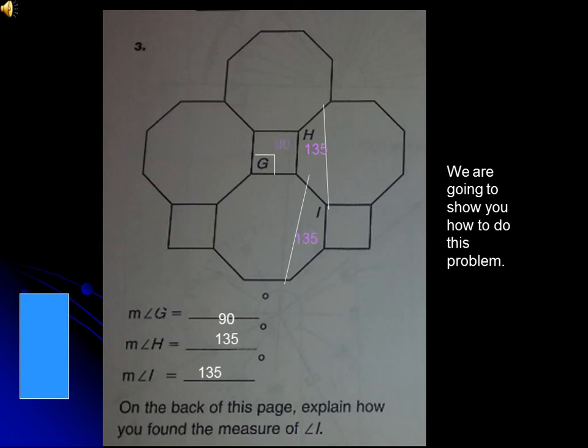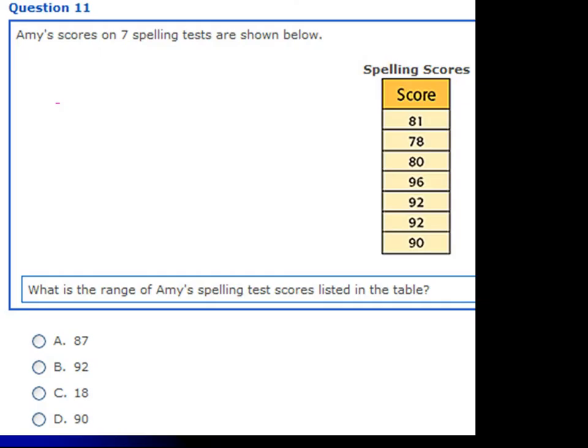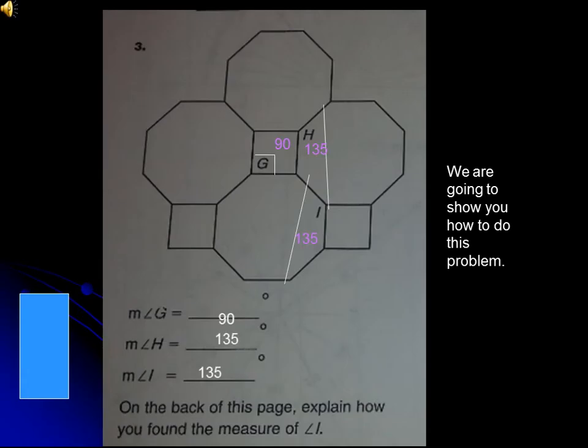There's supposed to be a circle that would come in at the 30 mark, 135 by H, and go around to the 135 at the I. Let's go on to the next one.